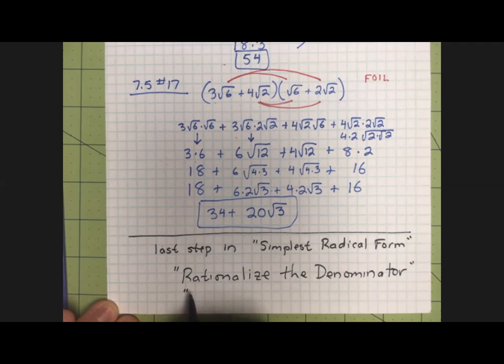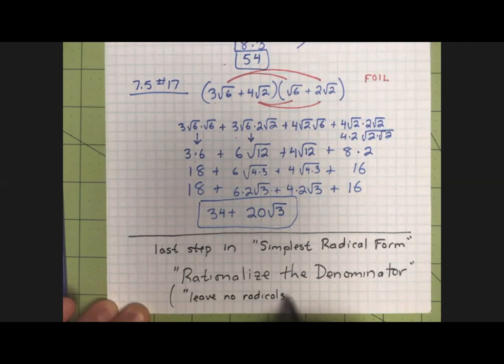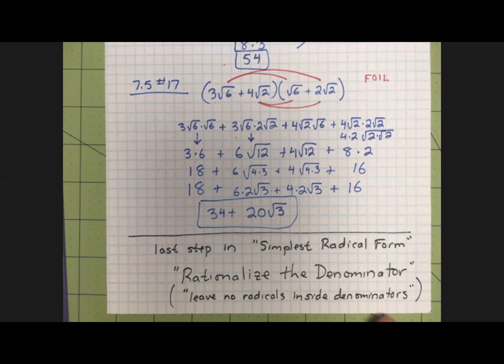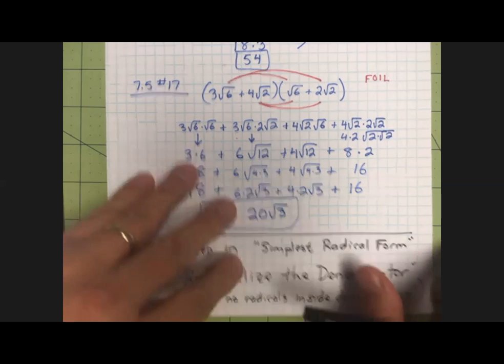Or if you like to say it this way in English, leave no radicals inside denominators. Let me tell you why people want you to do this, and then I'll show you how to do it. Okay.